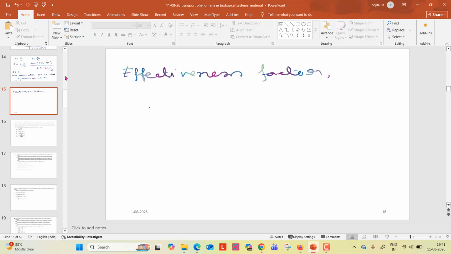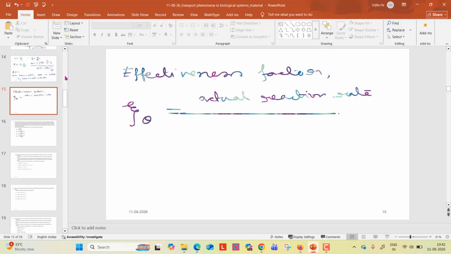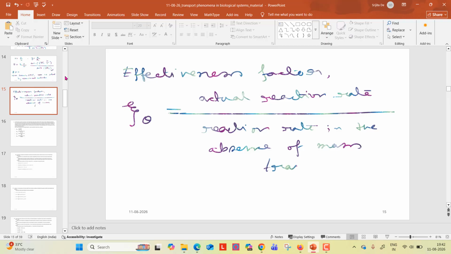So eta is the actual reaction rate when there is the presence of mass transfer, divided by the reaction rate in the absence of mass transfer.